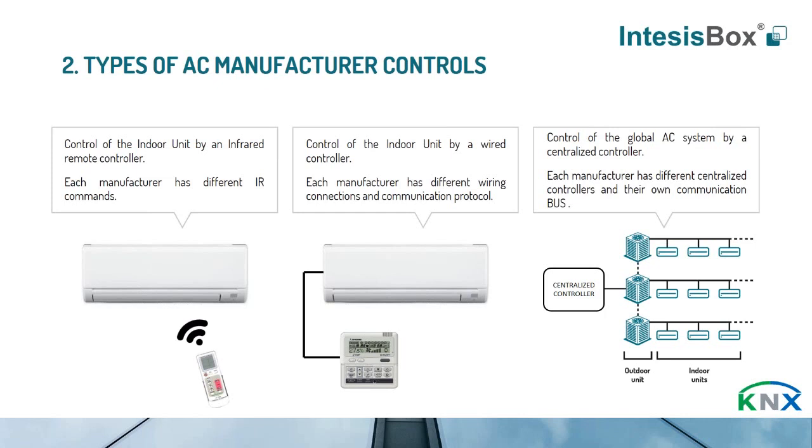And the third option is to have a centralized controller, where the manufacturer creates a communication bus, and a centralized controller is installed in order to control all the outdoor and indoor units from the same point.